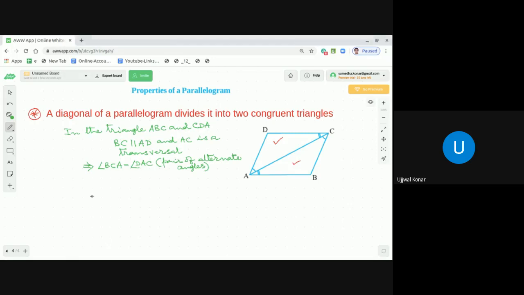So from this information, we can say that angle BAC is equal to angle DCA, again a pair of alternate angles.